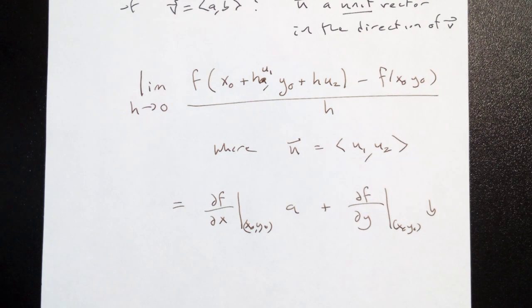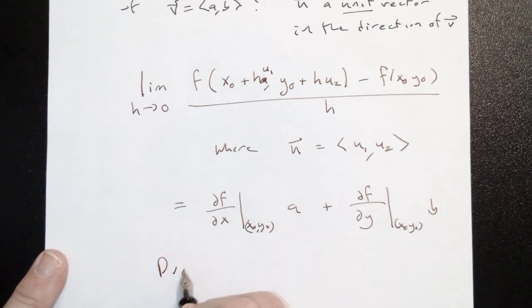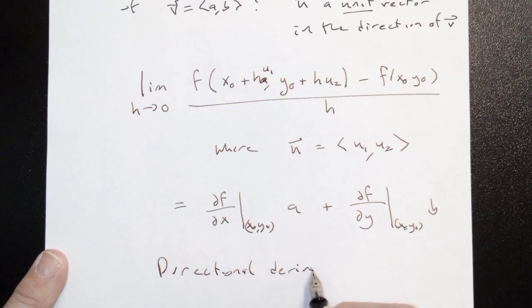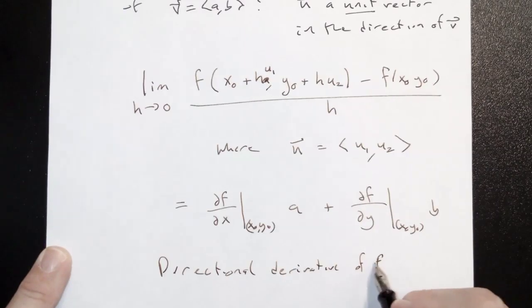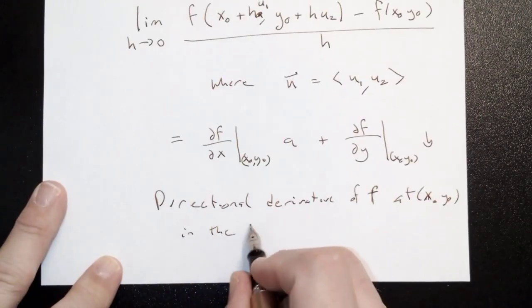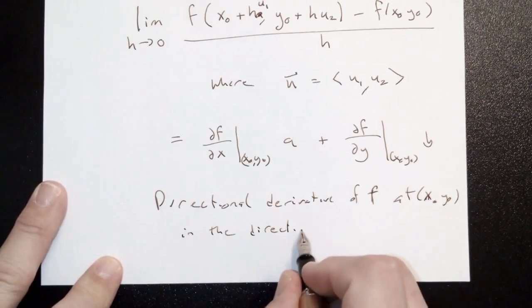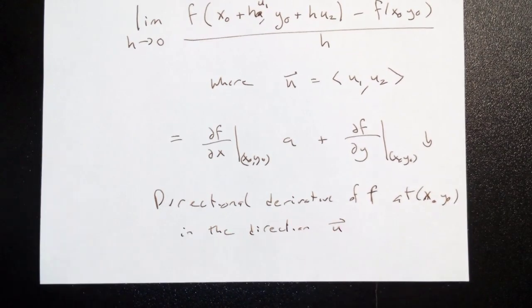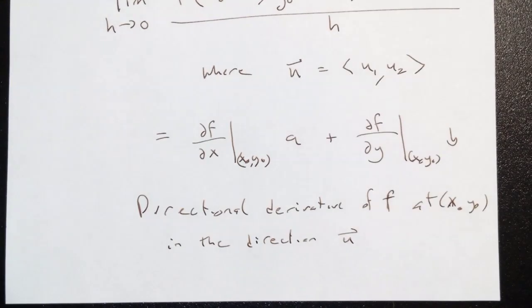I'm going to call this the directional derivative of f at x0, y0 in the direction u. Because that's what u is. u is a direction. It's a unit vector, just tells me which way I'm going.